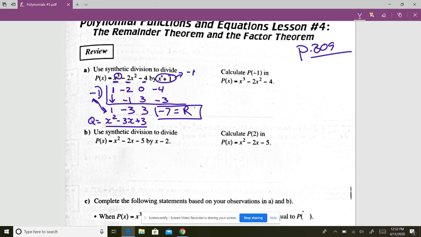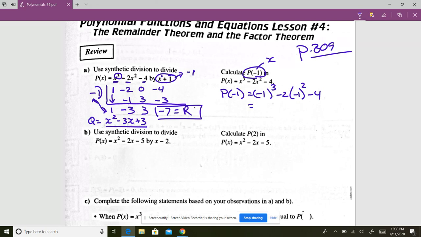All right. What happens if I put negative 1, p of negative 1, that is your x value, into this equation? Negative 1 cubed minus 2 times negative 1 squared minus 4.